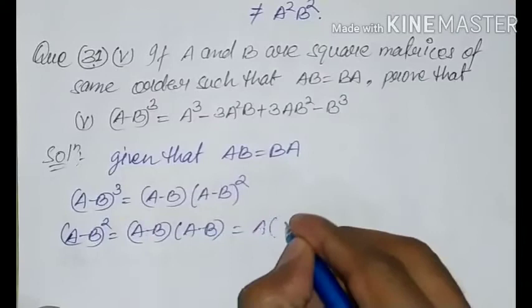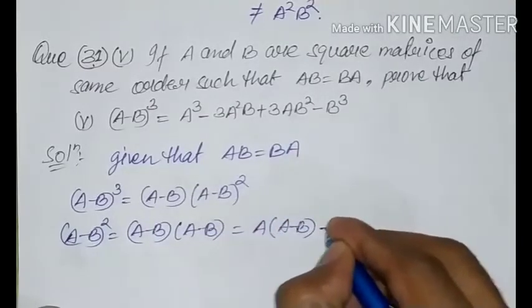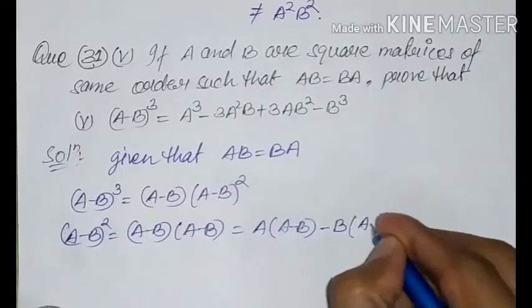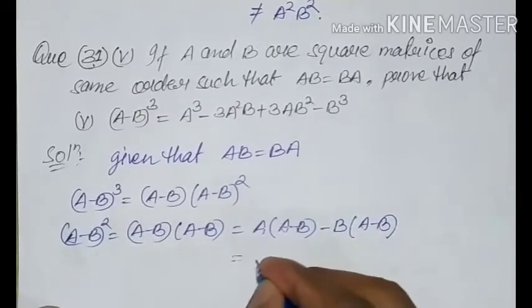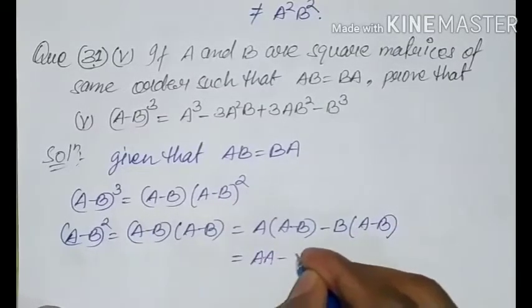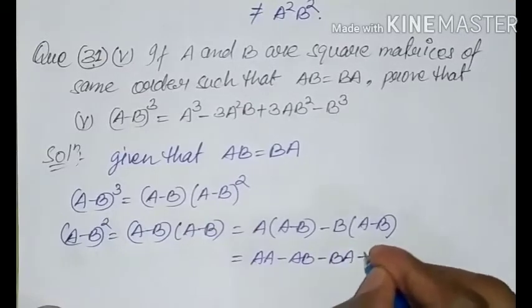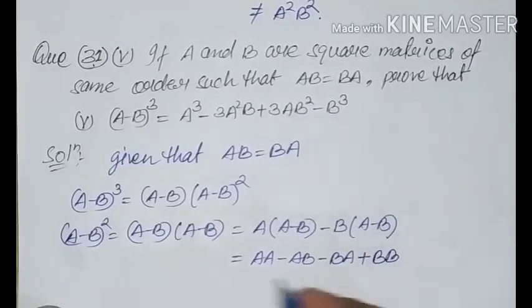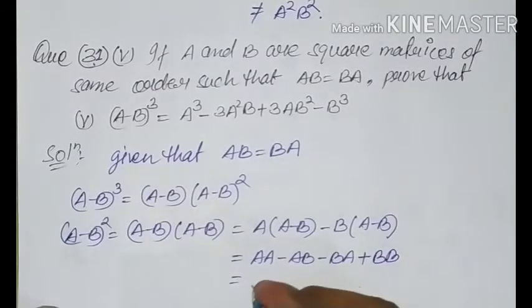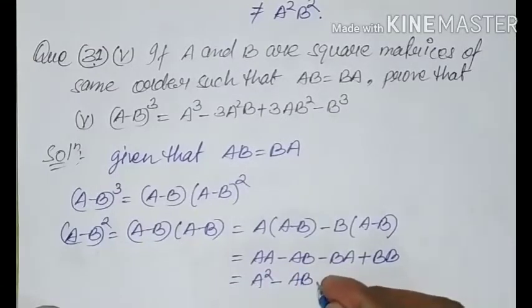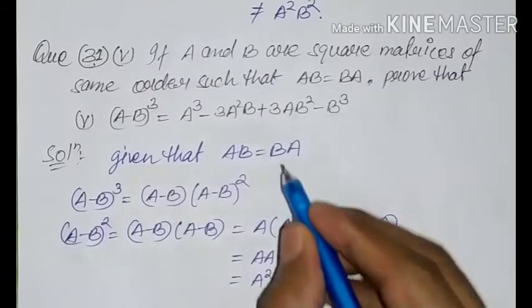A into (A minus B) and again minus B into (A minus B), which is A into A minus A into B minus B into A plus B into B. Since A and B are square matrices, A into A will be A square minus AB, minus, and it is given that BA equals AB.